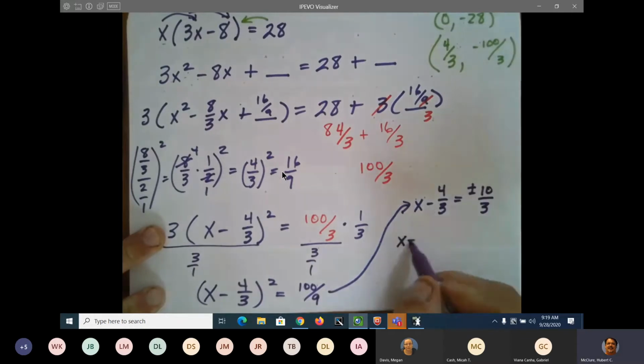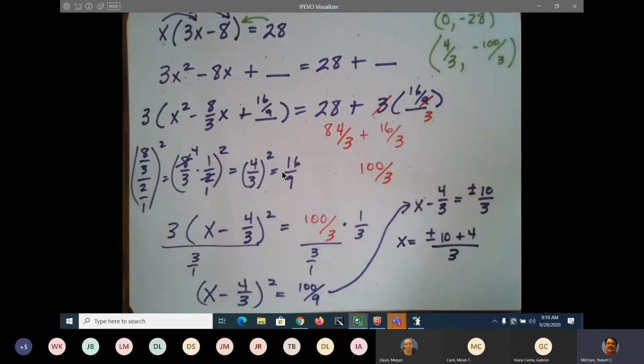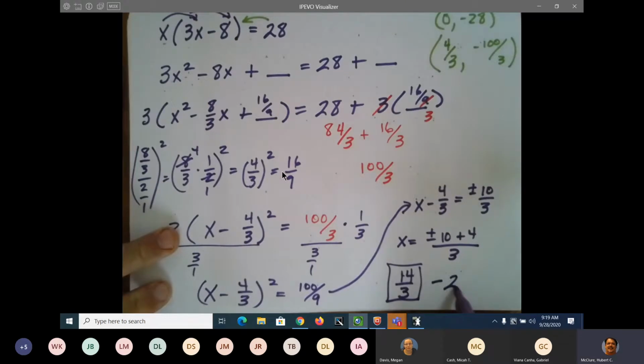And x is equal to positive or negative 10 plus 4 over 3. And what's 10 plus 4? That's 14. So that'd be 14 over 3 is 1 x-intercept. And negative 10 plus 4 is negative 6. That'd be negative 2. I think those are the two x-intercepts.